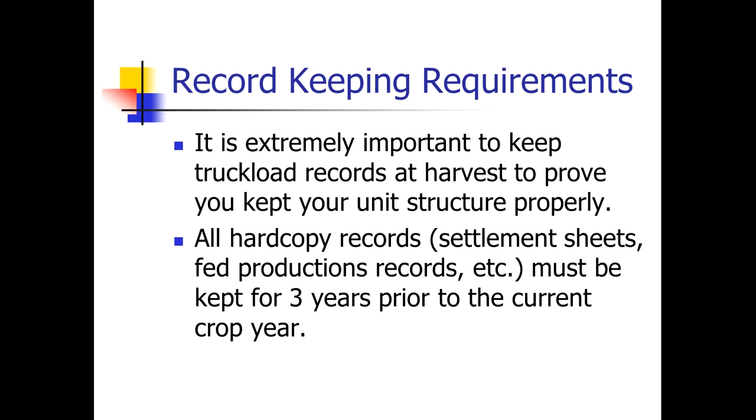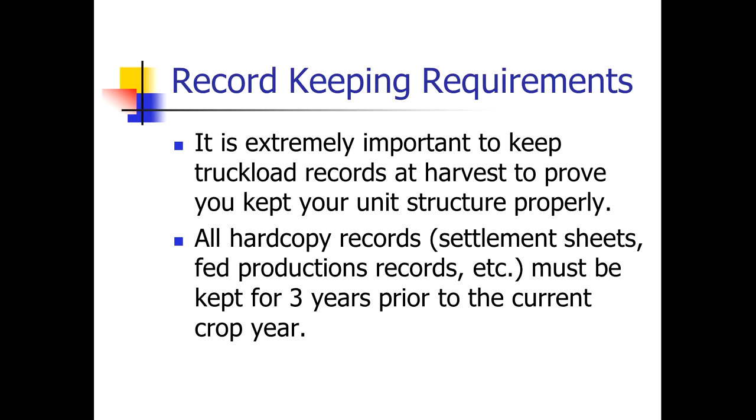Record keeping requirements, the most important part of this, even if you have a yield monitor or you're marking your bins or whatever, it's still extremely important to keep truckload records at harvest, because that's really the easiest, most verifiable way to verify your records if we have an audit going forward. And the hard copy records, settlement sheets, fed production records, etc., must be kept for 3 years as well.